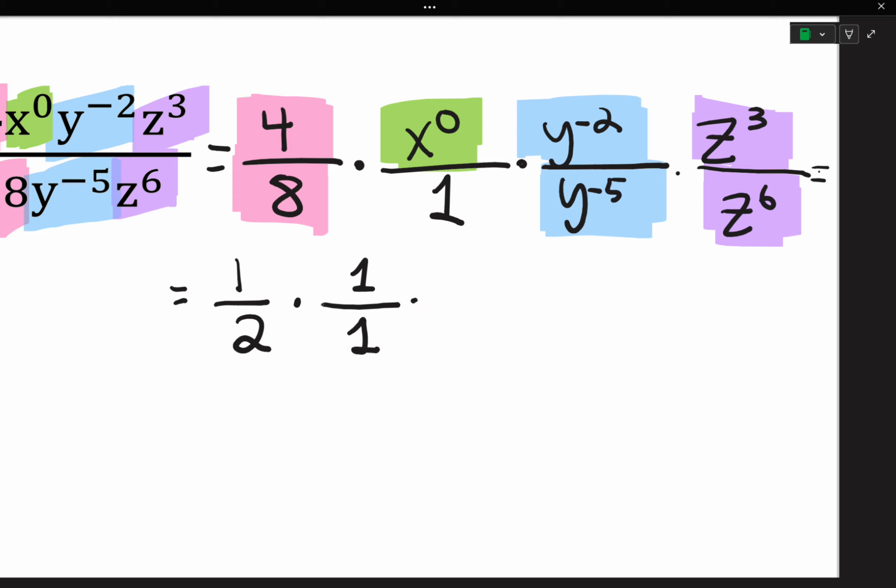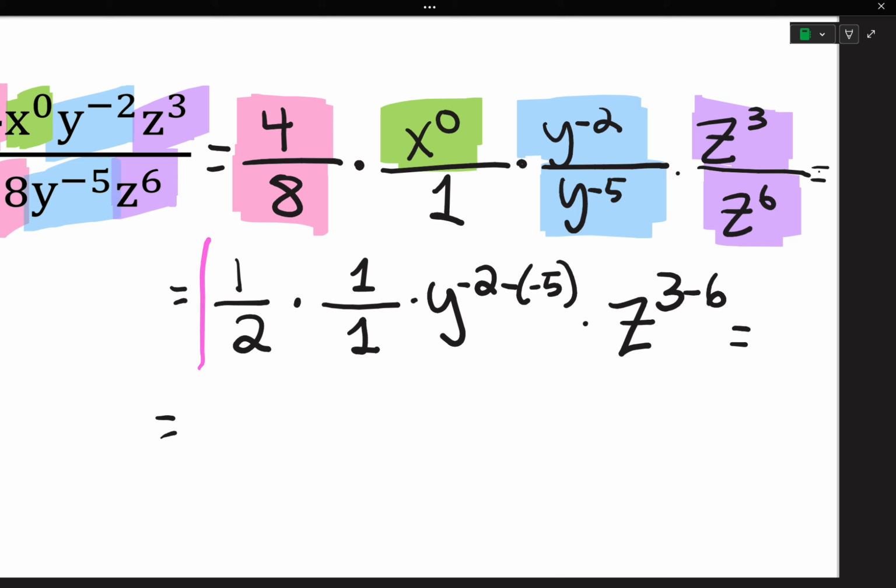Next we have our y's. When we have two bases being divided, we subtract their exponents. I'll write it out. We got y to the power of -2 minus -5. Same thing with the z's. I got z to the power of 3 minus 6.